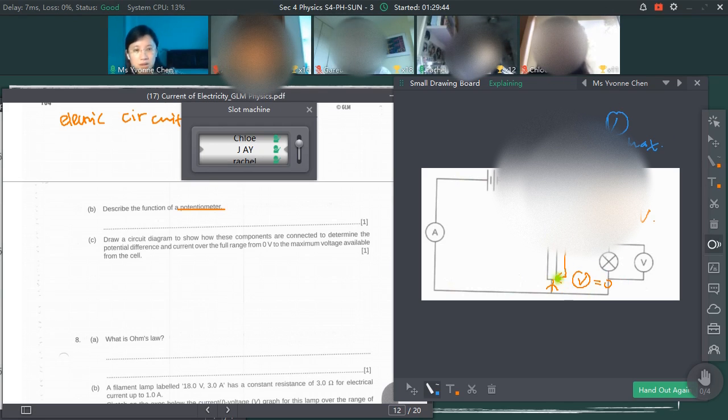Let me repeat. When you move the jockey around, the reading of the voltmeter will vary from 0 all the way to Vmax. So far, Chloe did a very good job. Her answer is perfect. The rest of you may want to take a look. I think Jonathan's understanding is there, but your jockey is not fully connected to the circuit.